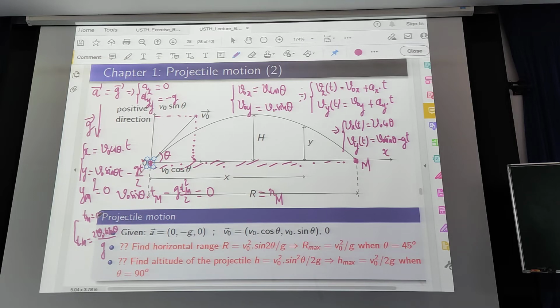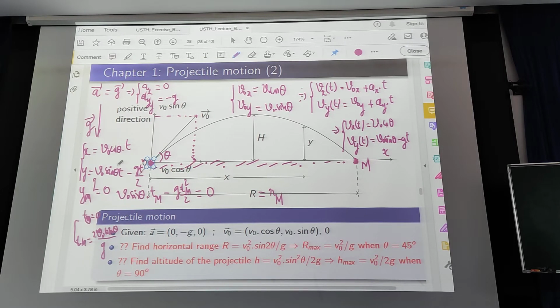So t at M equal to 0 corresponds to which time? This time. So we have two instants with displacement along y equal to 0: the initial position, and this one. So this solution is t0 equal to 0, and then t at M is at this time.